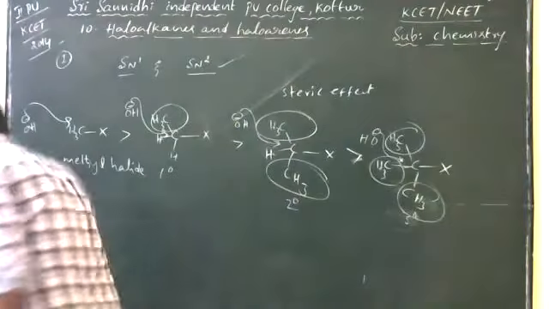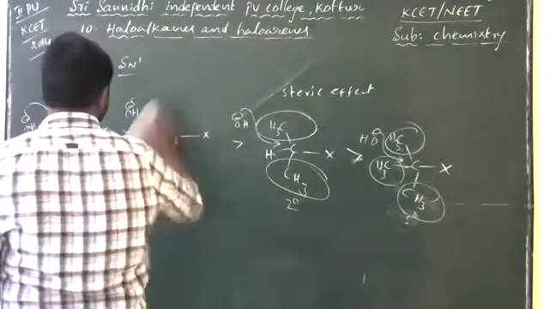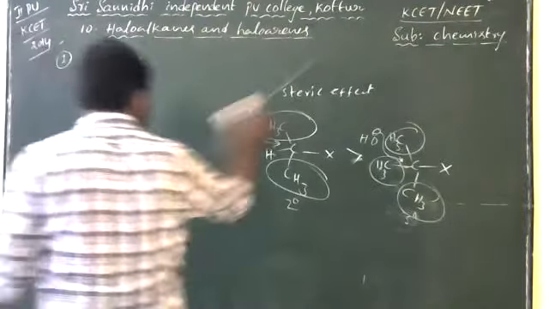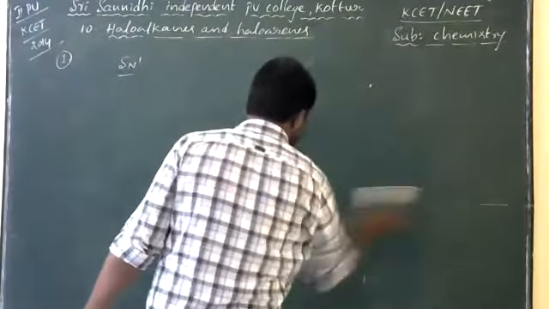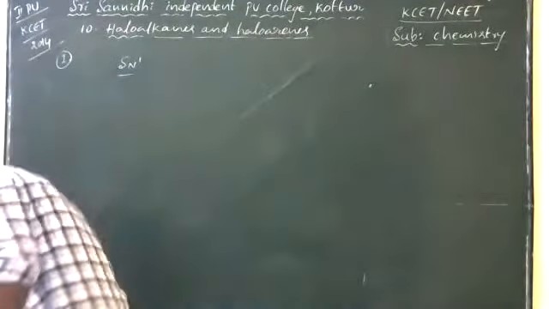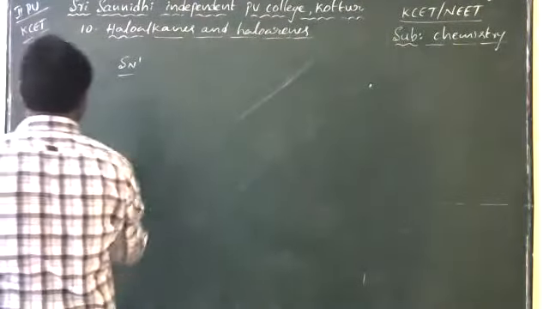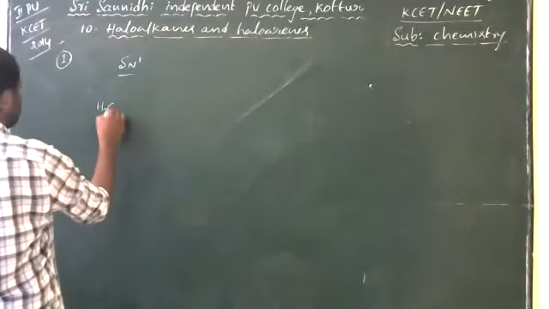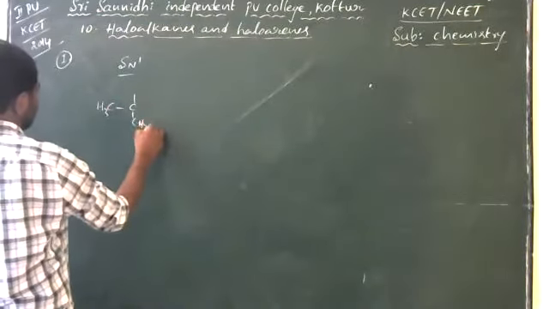Now coming to the SN1 mechanism, just by taking an example. What are the main important points we have here? You have to take tertiary butyl bromide.